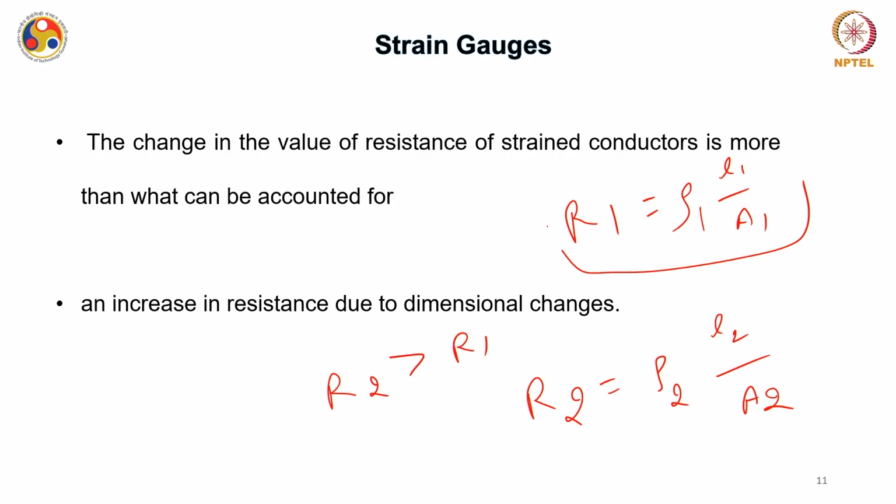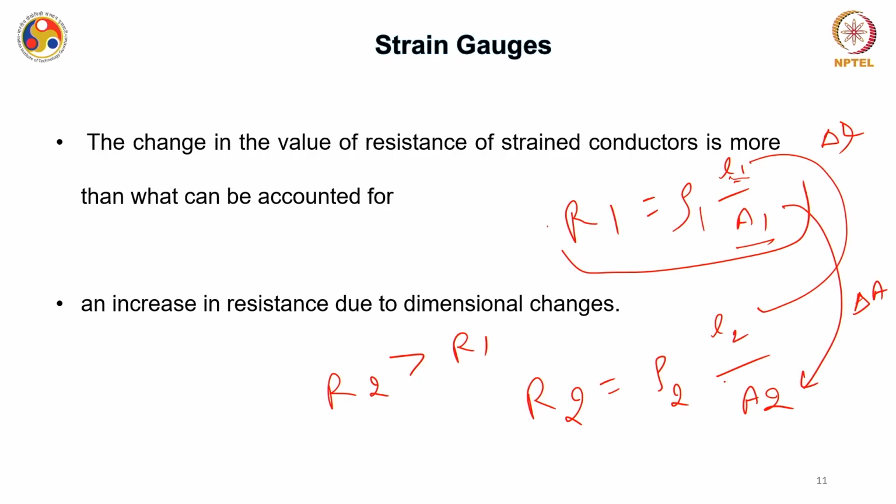Now usually you expected that, okay, there will be change in L1, of course you can quantify that. So there is a change in L1, there is change in A1, okay, or say change in L1 is certain value, say delta L, and now it has become L2, and similarly change in A1 is, say, delta A, and now it has become A2, okay.